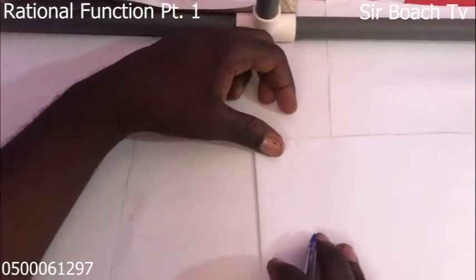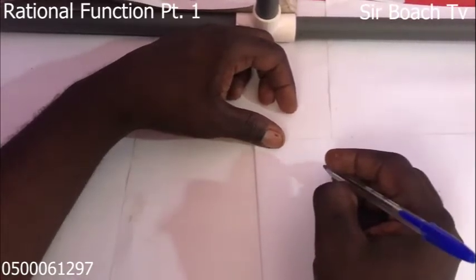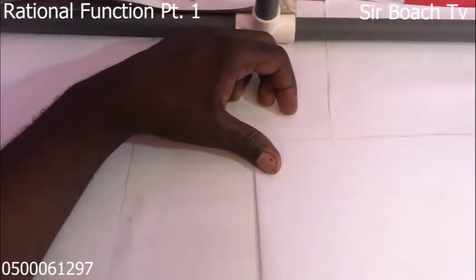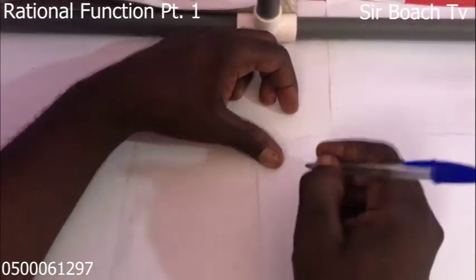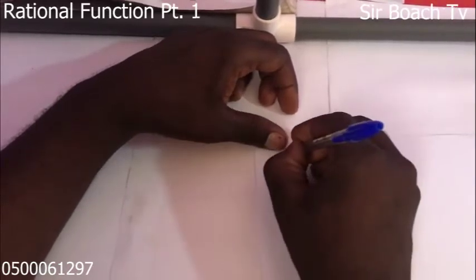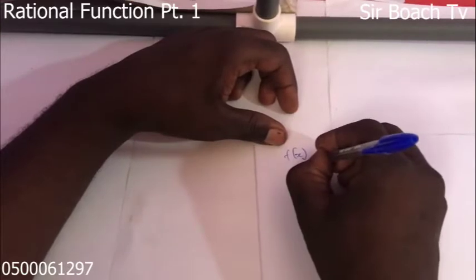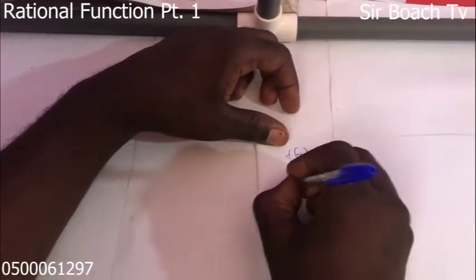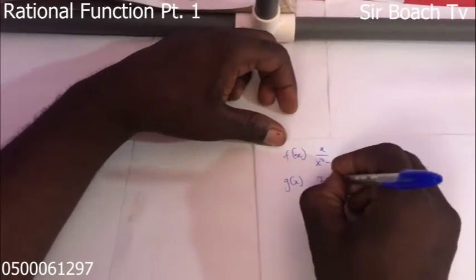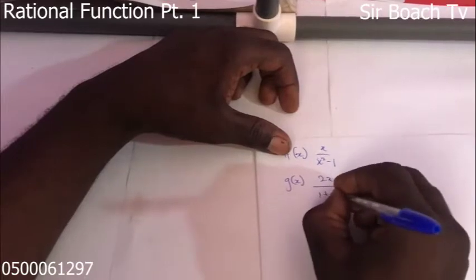They have given us g of x and we have given f of x. So we have to multiply. So we have f of x being equal to x over x squared minus 1, and also g of x equals 2x over 1 plus x.